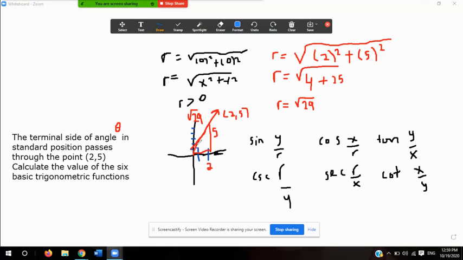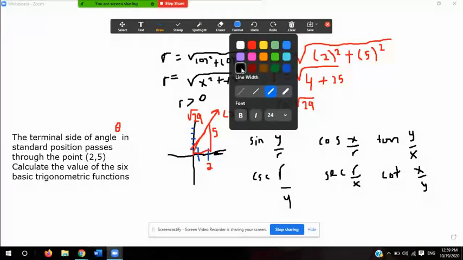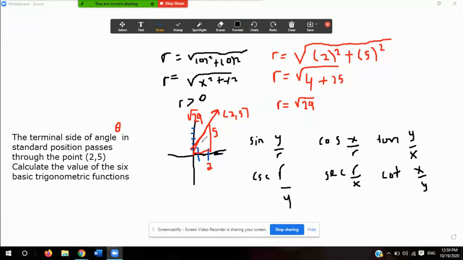The angle z is here, right from where the hypotenuse goes.